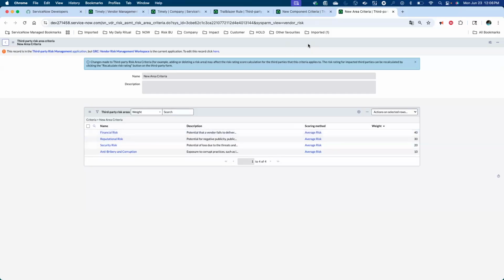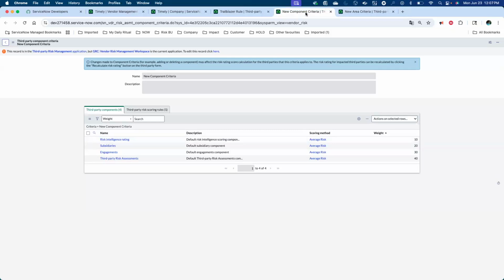So first, let's investigate components, right? Now that we have seen these are the components that are applied, these are the different weightages and scoring methods for each individual component. Meaning, if there were multiple risk assessments, they would have been averaged, as per the scoring method. Likewise for engagements and so on and so forth.